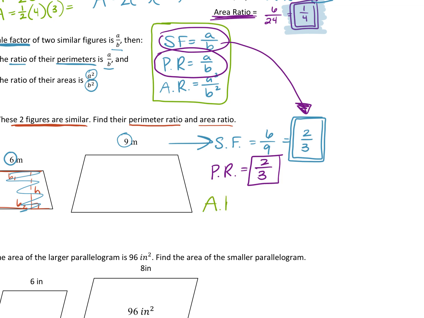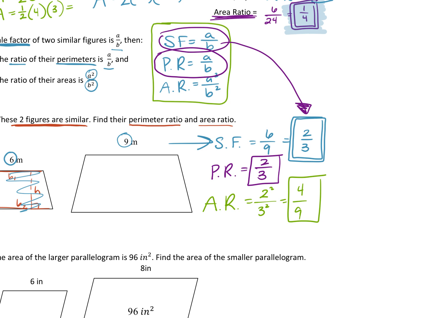Then you find the area ratio. What do you do to find your area ratio? Square both parts. So this is going to be 2 squared to 3 squared, which is 4 to 9. Okay, so scale factor of 2 to 3, perimeter ratio of 2 to 3, area ratio of 4 to 9.